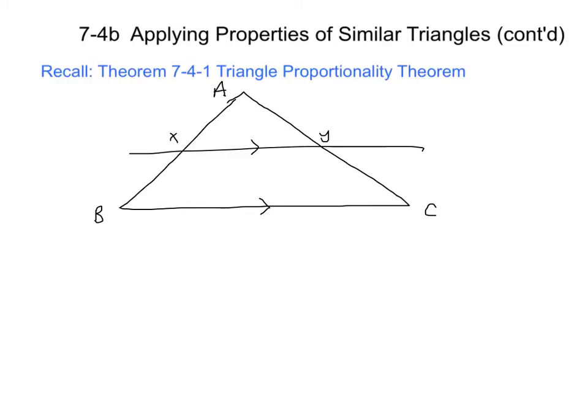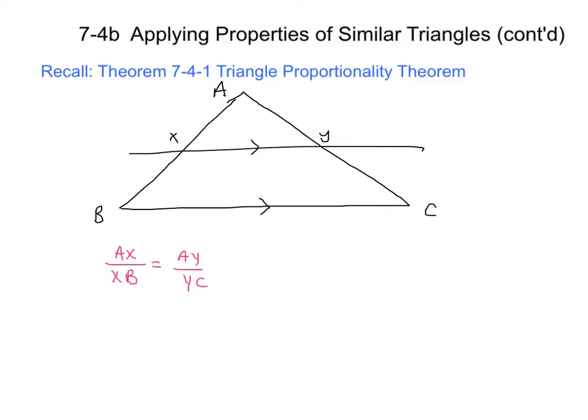Now what this theorem says is that AX over XB will be equal to AY over YC. In other words, it cuts the left side and the right side proportionally. So AX over XB is equal to AY over YC.